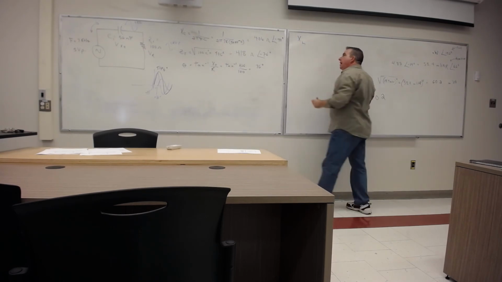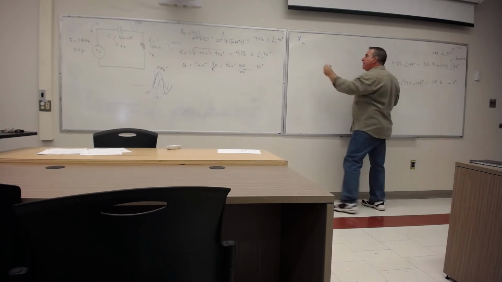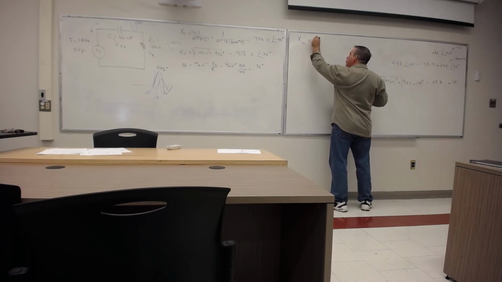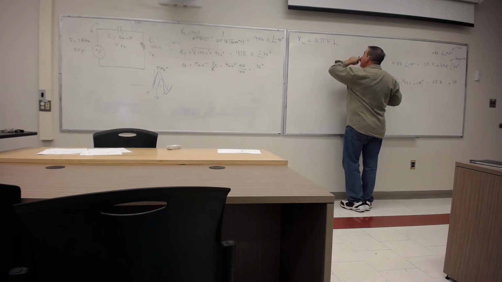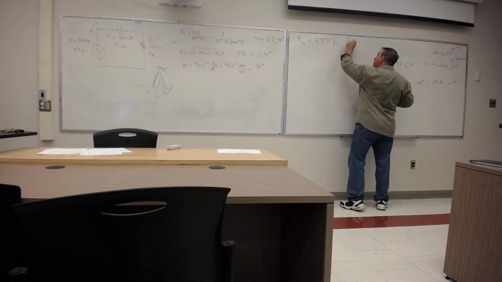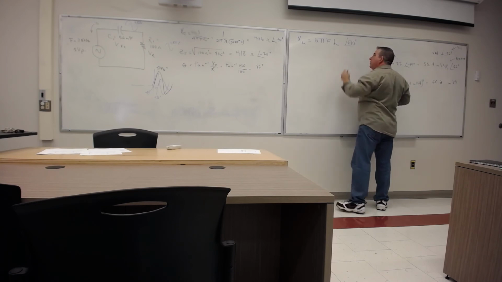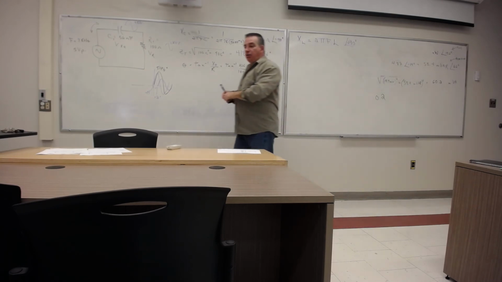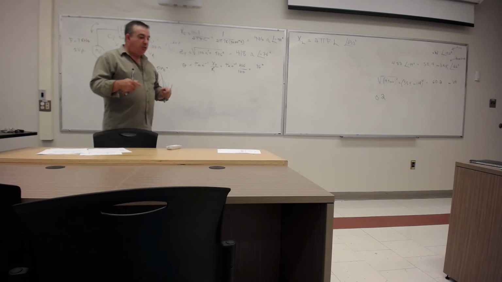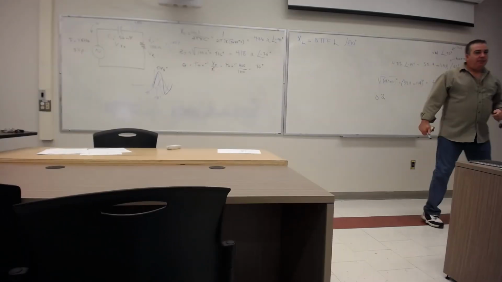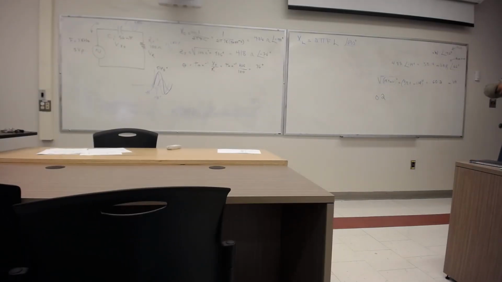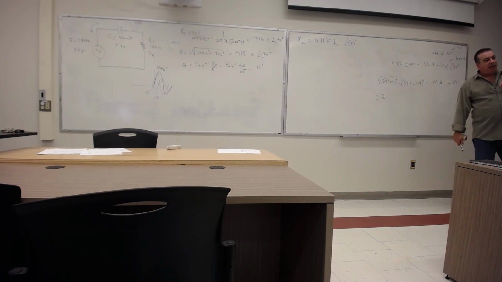We're going to have an inductive reactance, and the formula for inductive reactance is 2 times pi times F times L, and its angle is plus 90 degrees. With this other circuit, we're substituting a capacitor for an inductor that's at plus 90, so angles that were positive are going to be negative, and angles that were negative are going to be positive now.